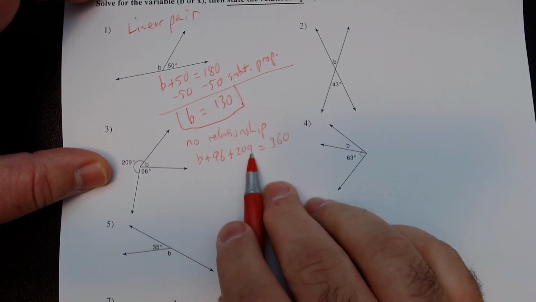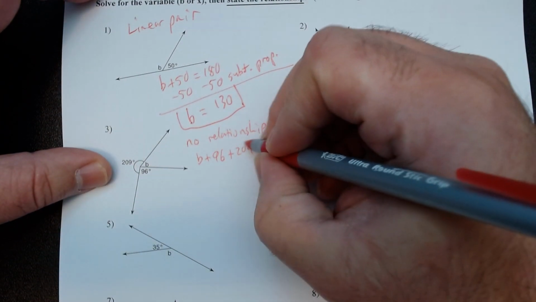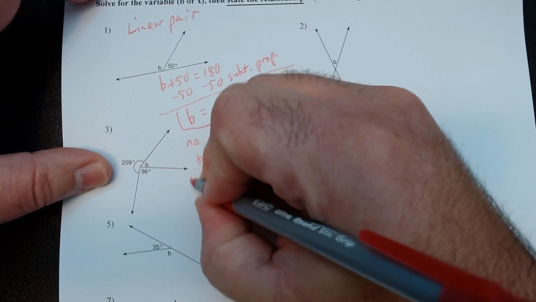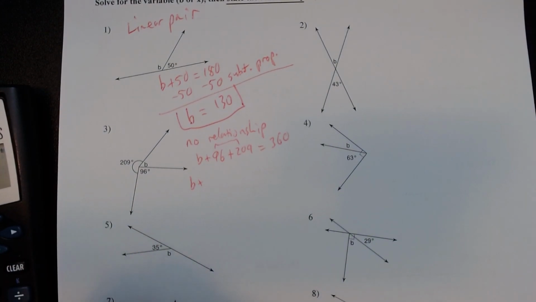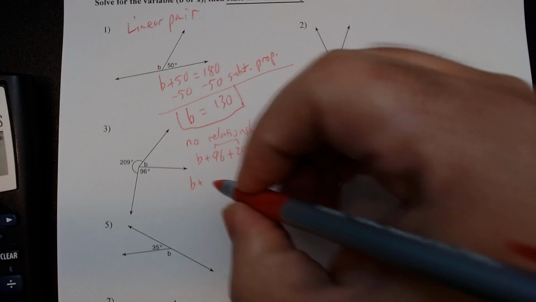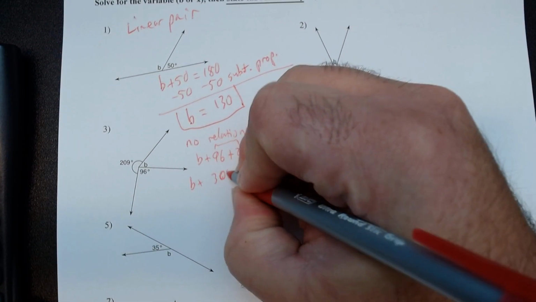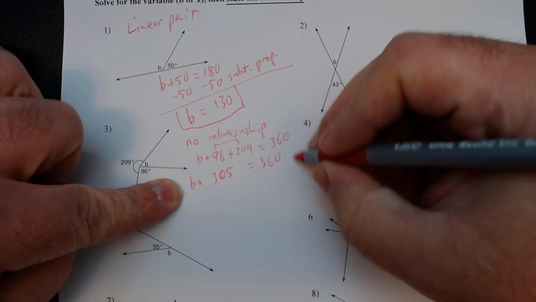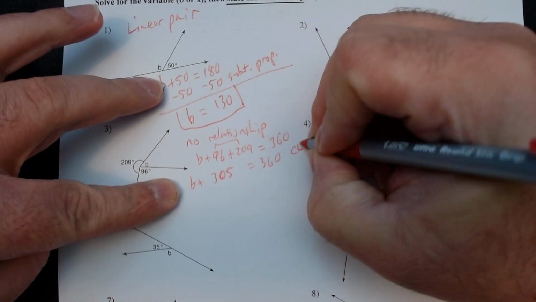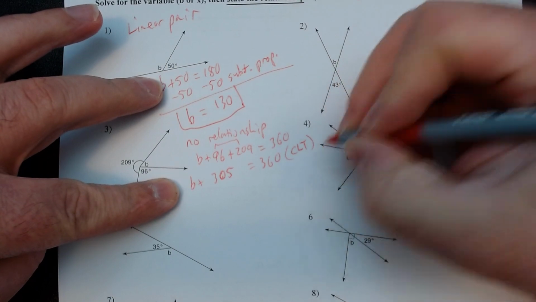First step, we're going to combine these two. So when we combine them, we're going to get b plus 96 and 209 is 305. And that equals 360. So what we did in this step was we combined like terms. You can put CLT for that.